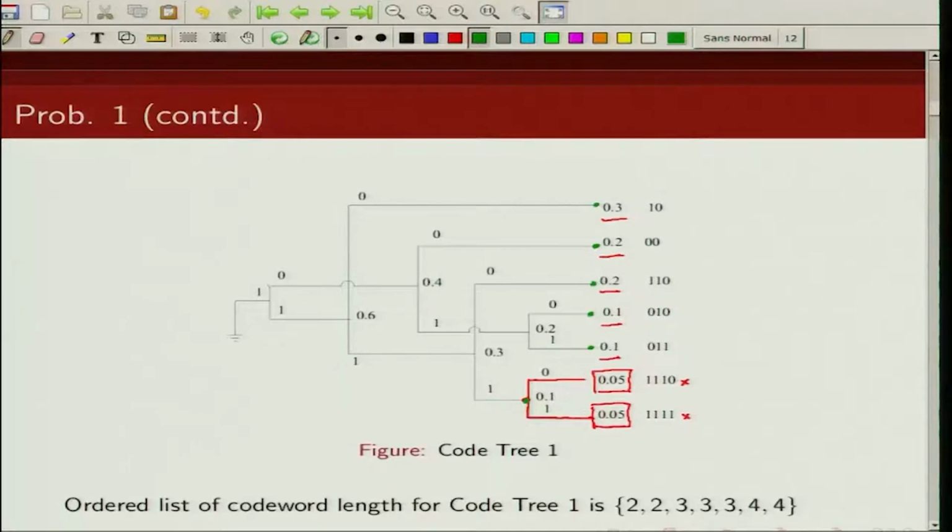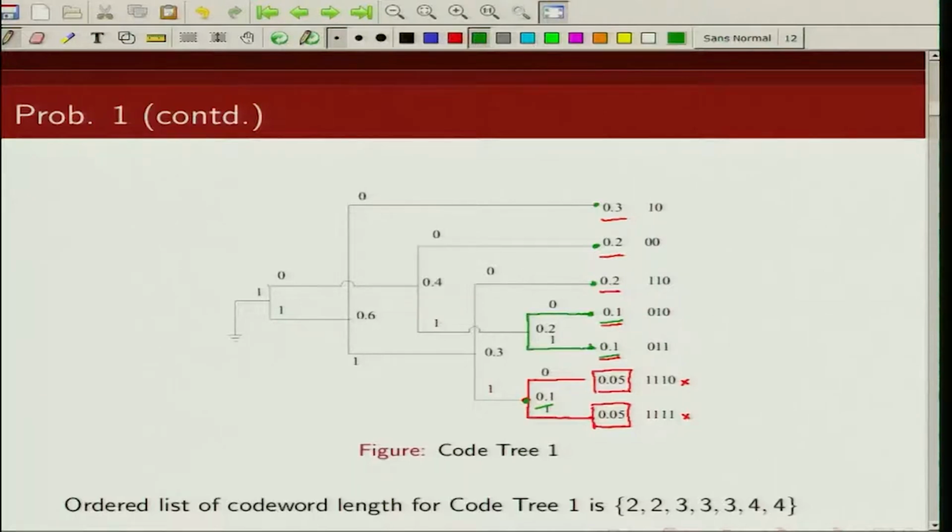Now note, we have 3 nodes and leaves which have probability 0.1. So we could either combine these 2, or these 2, or these 2. In this case I am just combining these 2.